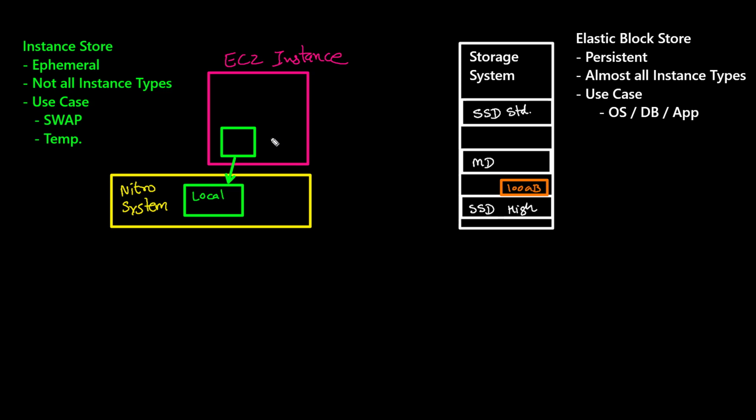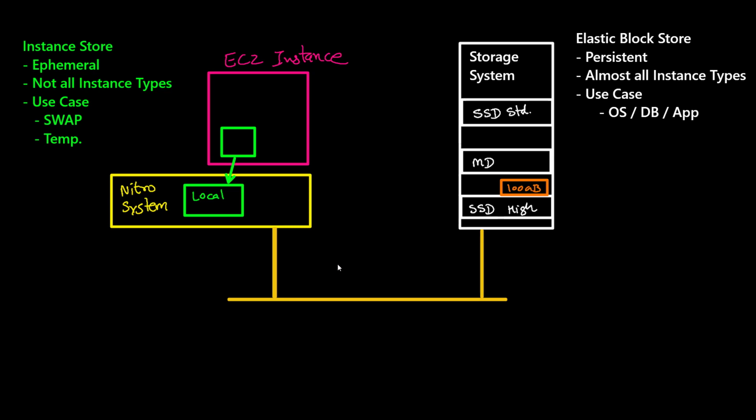Now, how the presentation or association of the volume would work: these systems are connected over a network. So there is a network connection that is connecting this storage system here and my system where the EC2 instance is running.